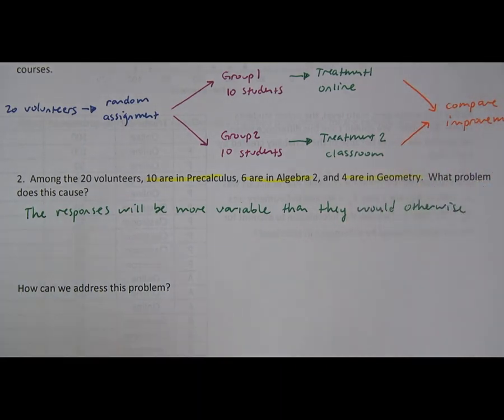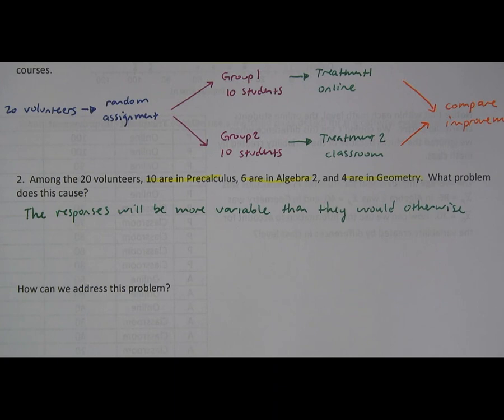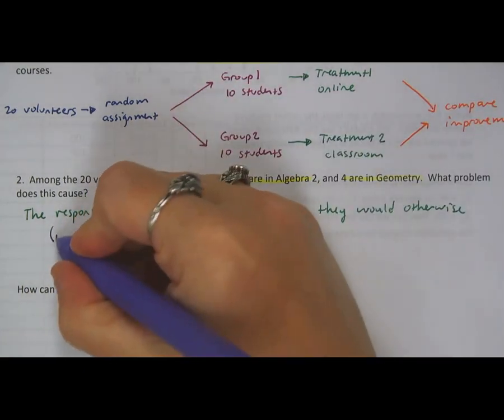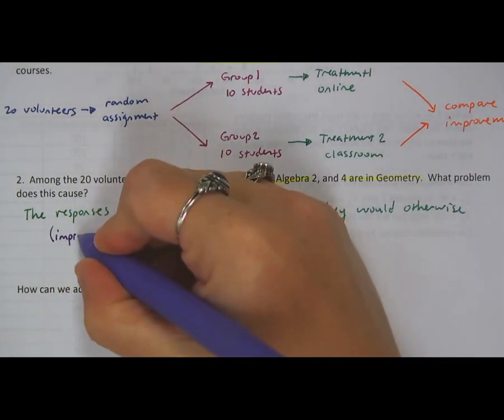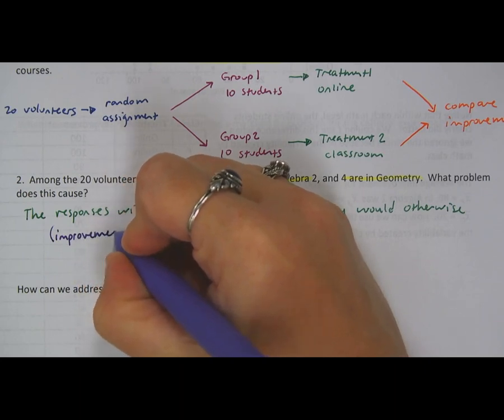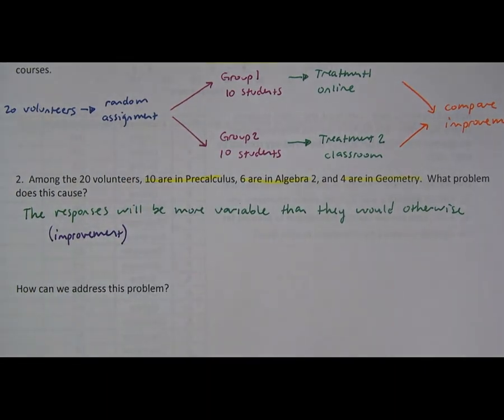Our data is going to be all over the place, is what that says. Because people who are in geometry probably aren't going to show as much of an improvement after the prep courses because they're younger, they're not as strong in math, maybe they're not as invested in the prep course, okay? We are making some generalizations here, but the responses, again, that's the improvement score, like the response variable. The improvement is going to be all over the place.